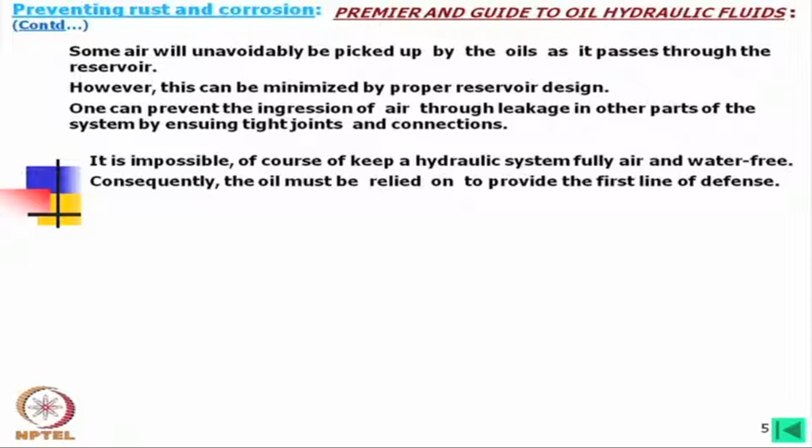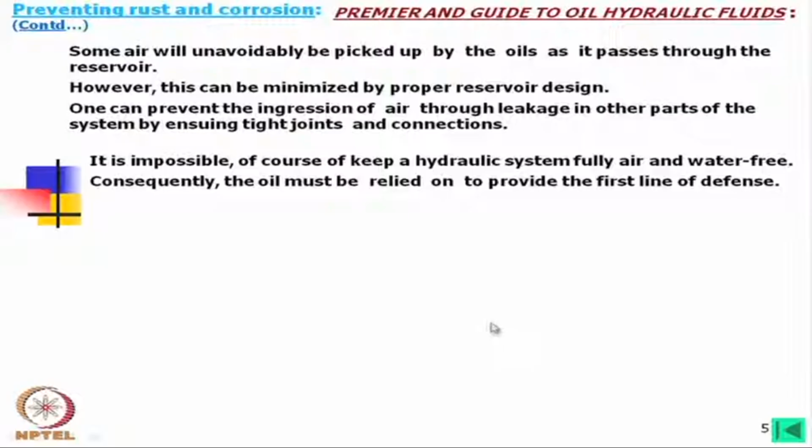Now, say water, how does the water get mixed up? You see, oil hydraulic components are exposed to the atmosphere. Say for example, the rod end of a cylinder is exposed to the air. Then some moisture goes inside, and in that moisture there will be some water particles which will be mixed with the oil.